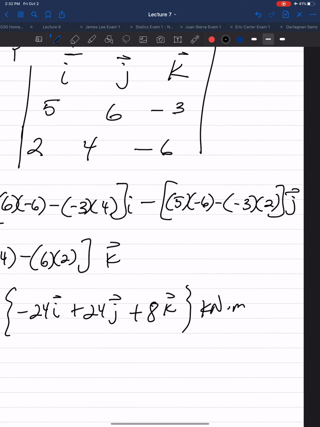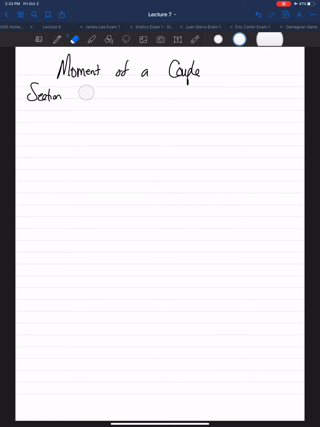Okay, so let's move on and talk about couple moments, a moment of a couple. This is section 3.6 in the text, page 110.